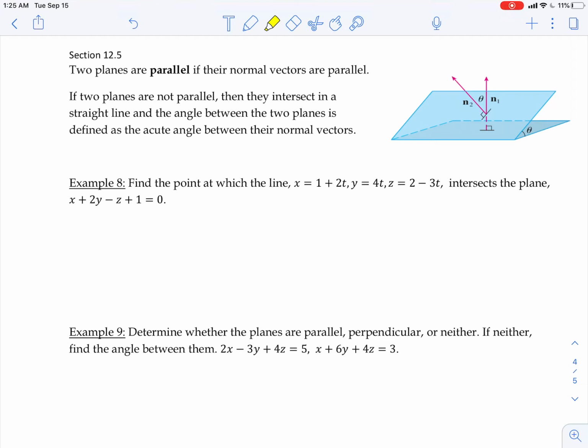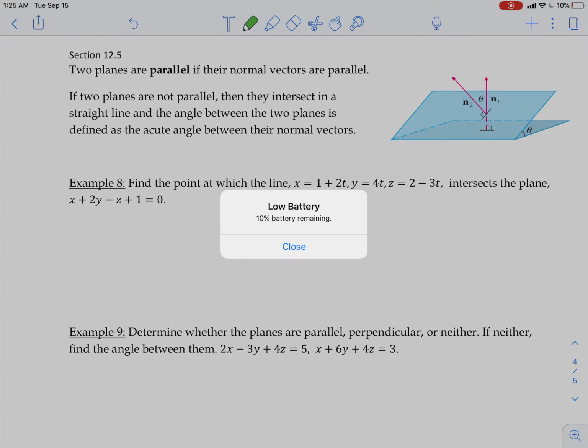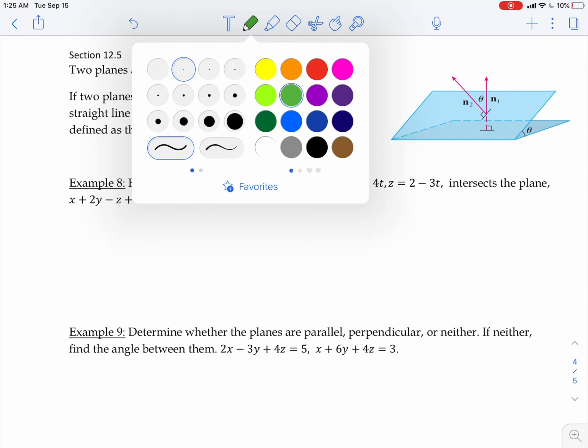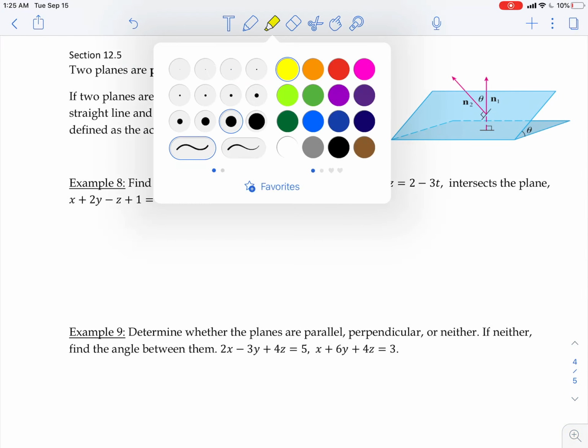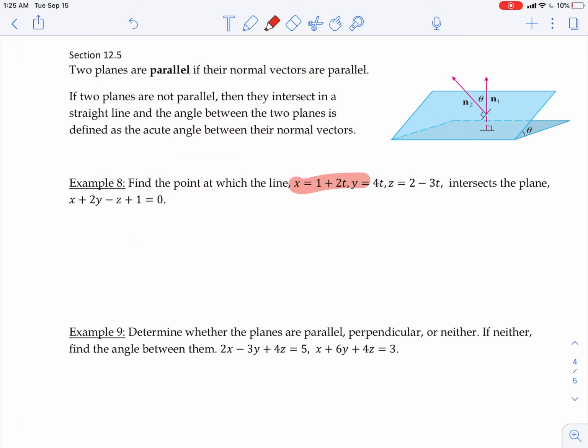The first thing that we're going to do is just substitute in. The line is given in parametric form, and if this line actually intersects our plane, then we can substitute our x's, y's, and z's from our line equation into our plane equation.